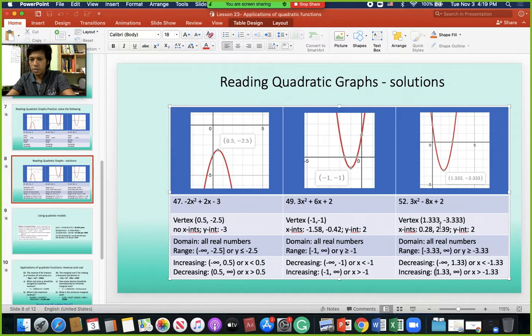This is plus, so both values will be plus. X is less than minus 1.33, so it will be plus 1.33, so it will also be plus. And increasing is from plus 1.33 to plus infinity. So there will be no minus here.